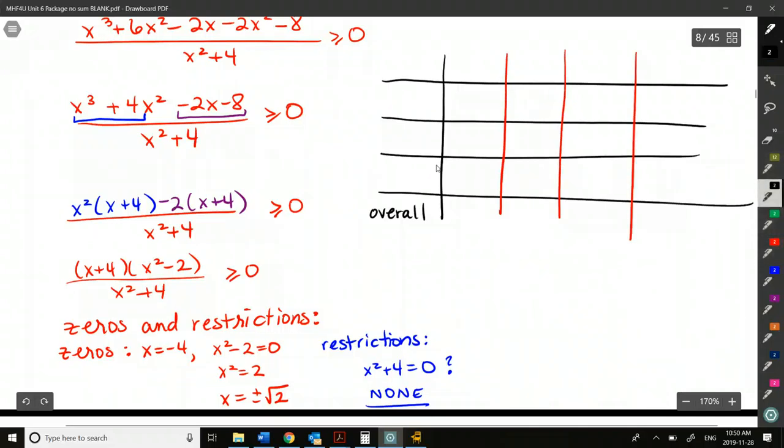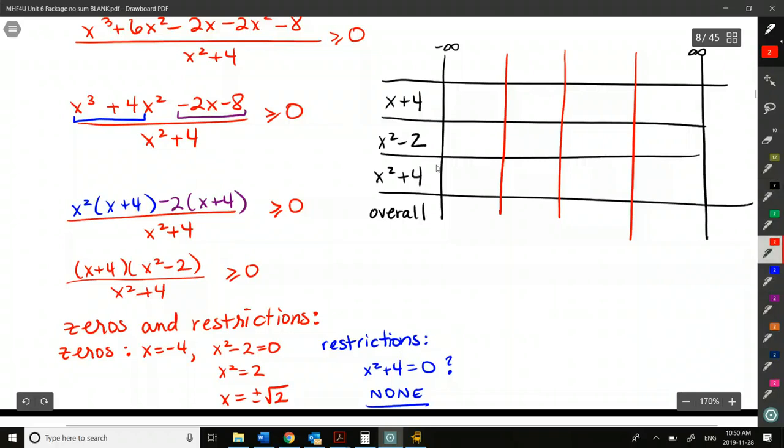And then the last part of this is just going to be positive infinity. And each part of your function needs to appear in here somewhere. So I'm going to have x plus 4, x squared minus 2, and then x squared plus 4 over here. Line your x-intercepts up from lowest to highest. So it'll be negative 4, negative square root 2, and positive square root 2.